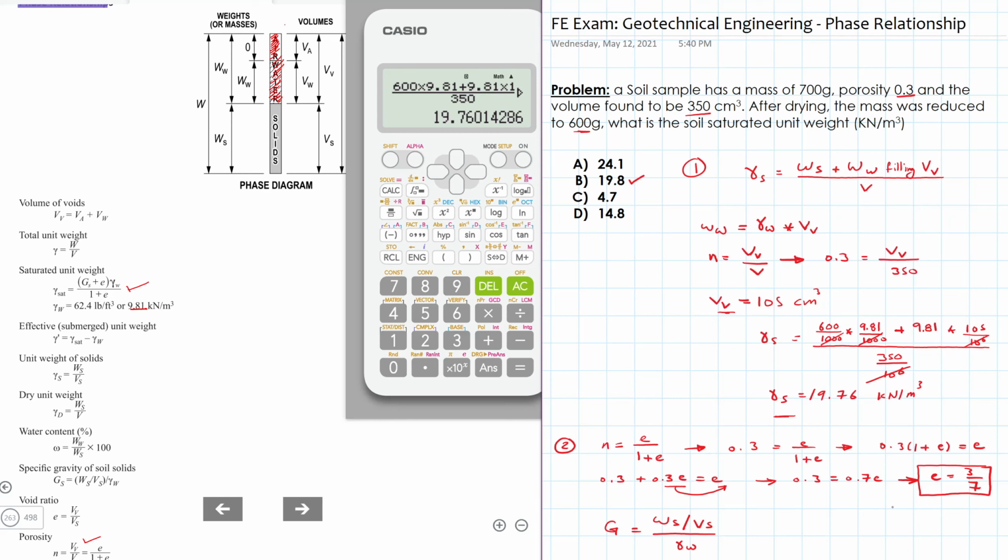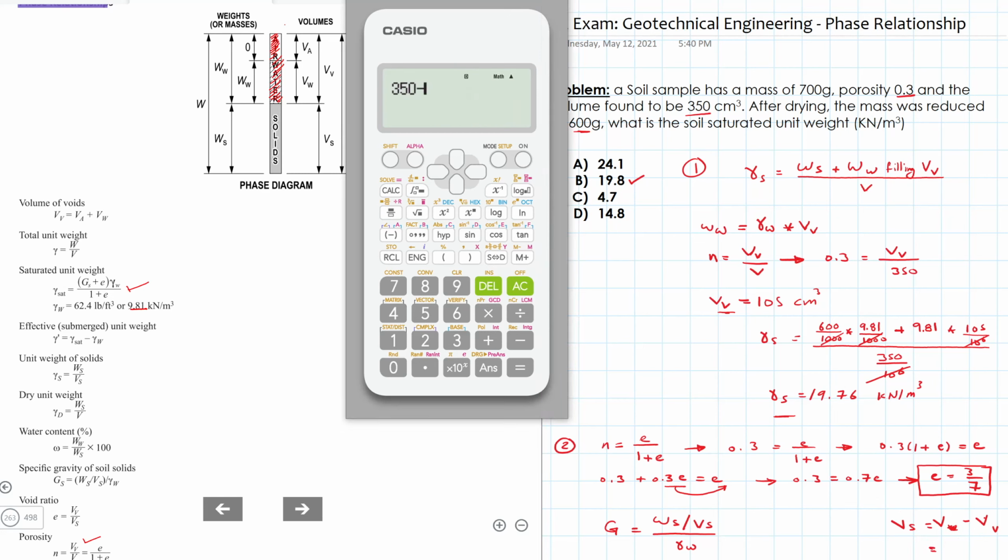The volume of solids equals, from this diagram, the total volume minus the volume of voids. So 350 minus 105, which is 245.